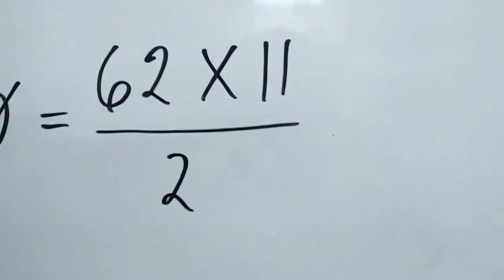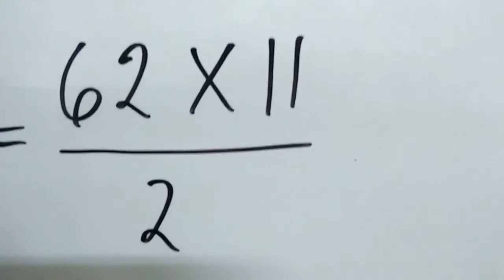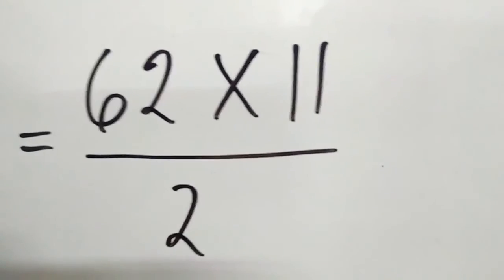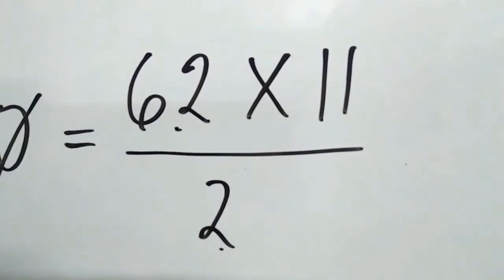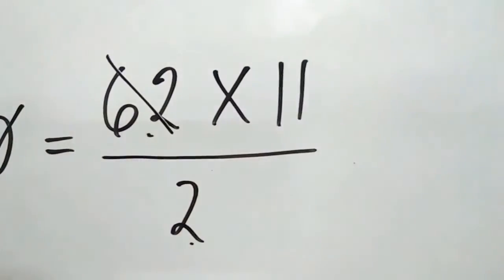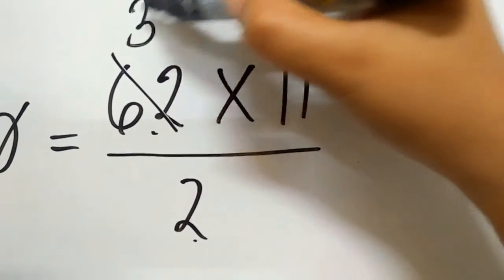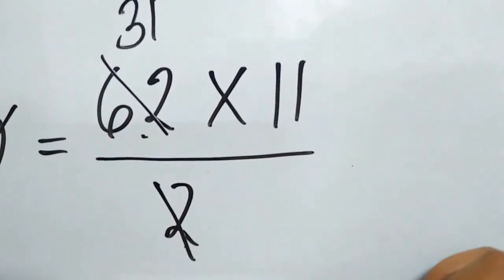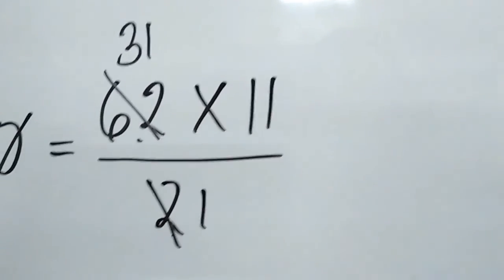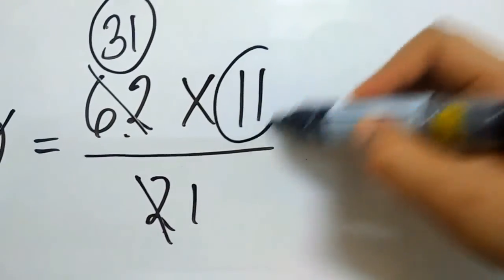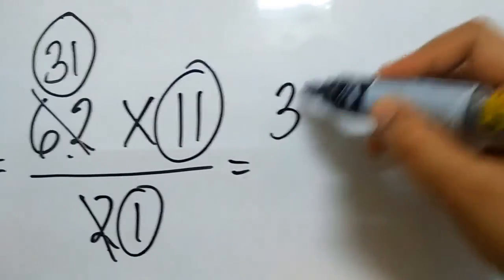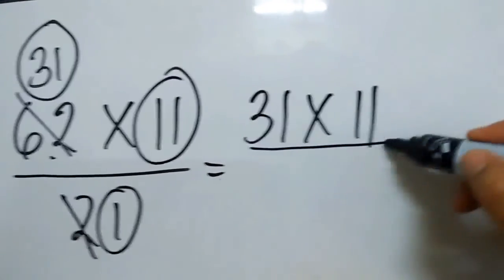So we have 62 times 11 over 2. Yes, we can simplify 62 and 2 by dividing them by 2. Very good. 62 divided by 2 is 31. 2 divided by 2 is equal to 1. So we have 31 times 11 over 1. That's right.